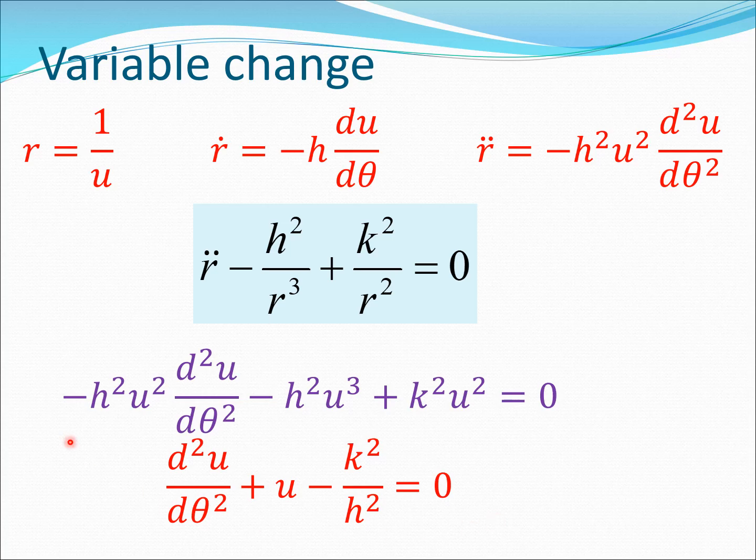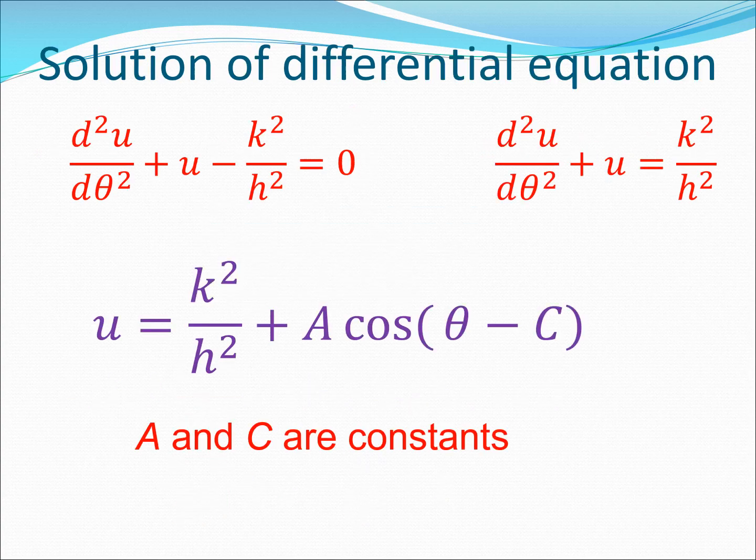This equation, of course, you will clearly see is in a much simpler form. It's a form you have often seen in various courses, such as simple harmonic motion in physics, or basically any kind of constant coefficient differential equation system. You have a constant here which can be taken to the right hand side.